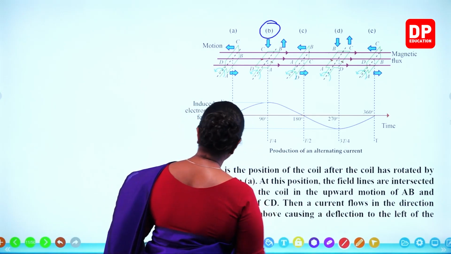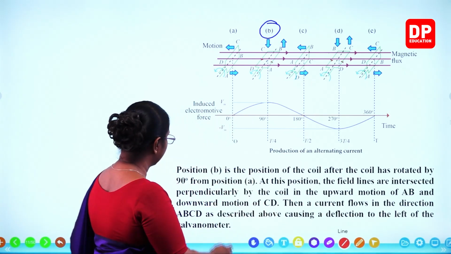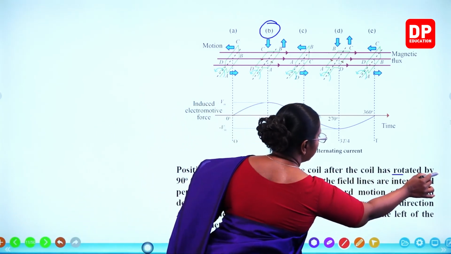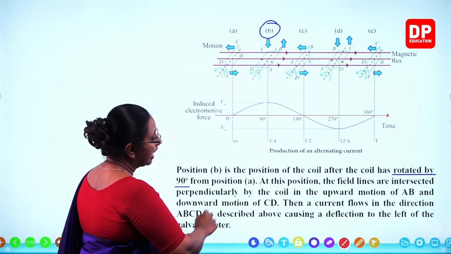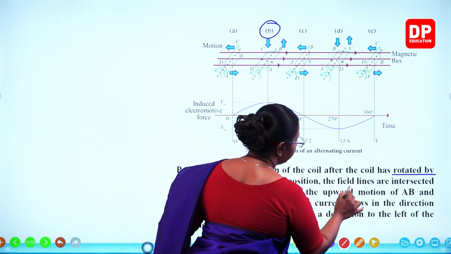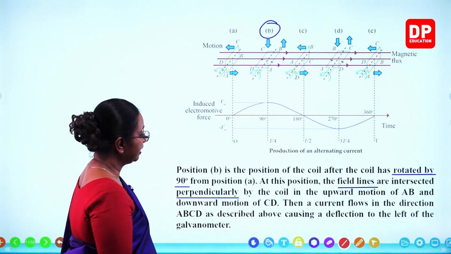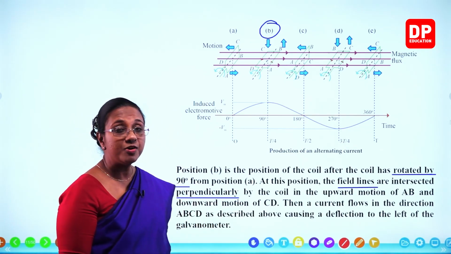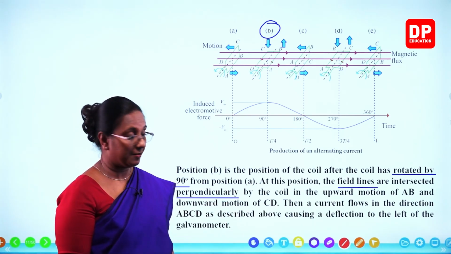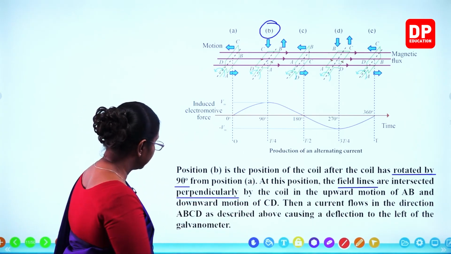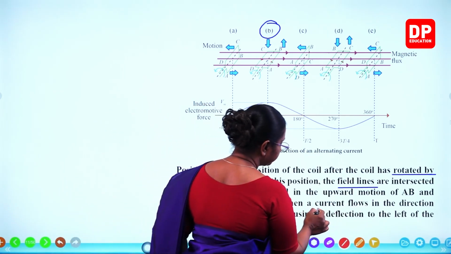So, you can see there, position B is the position of the coil after the coil has rotated by 90 degrees from position A. At this position, the field lines are intersected perpendicularly by the coil in the upward motion of AB and downward motion of CD. Then a current flows in the direction ABCD. That's important.